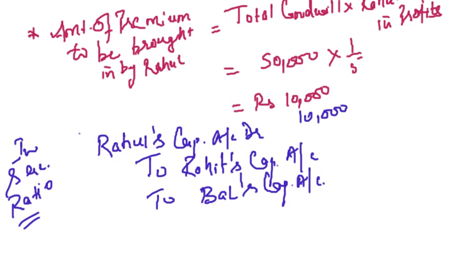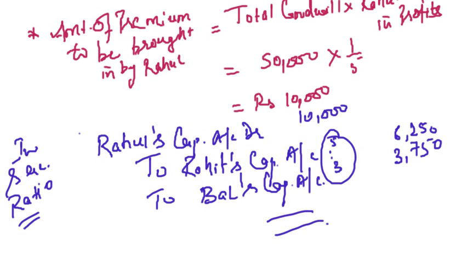That means the sacrificing ratio in this case will be 5:3. So this premium for goodwill will be distributed in the ratio of 5:3, amounting to 6,250 and 3,750.